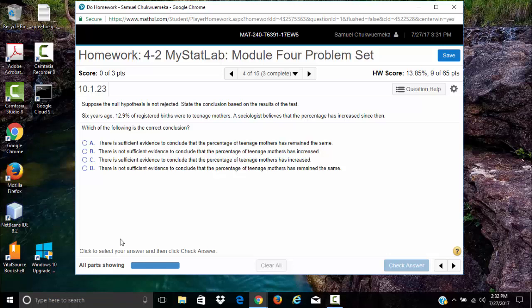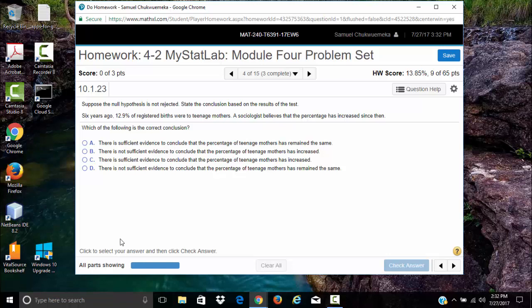Fail to reject means do not reject the null hypothesis. So if your decision was to reject, the conclusion would be that there is sufficient evidence to reject that null hypothesis.